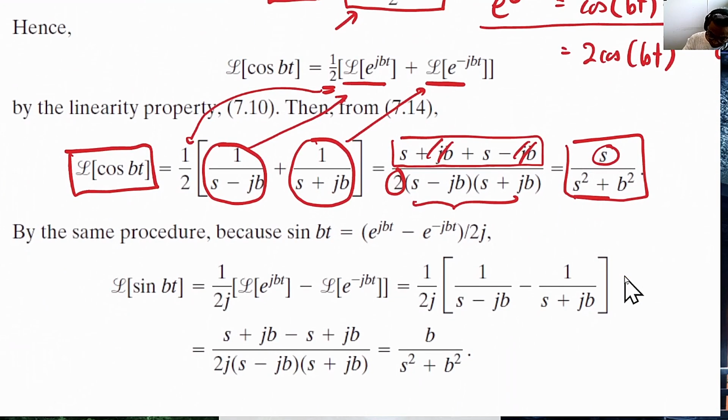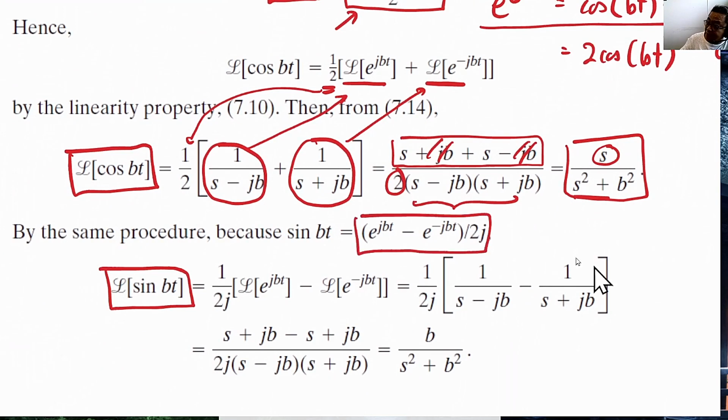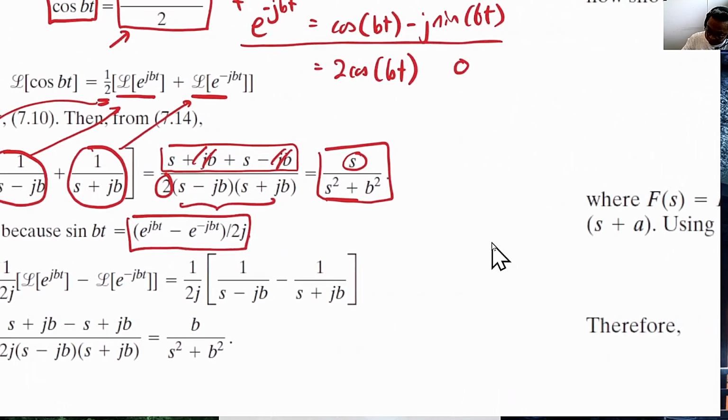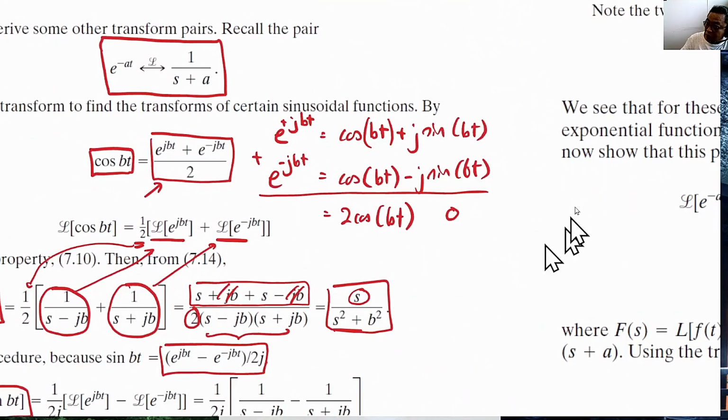We now do a similar approach to sine bt. Again, we express the sine bt as sum of complex exponential. Here it is divided by 2j. Let's see why. We would use this expression again, however, we're going to change plus to minus.